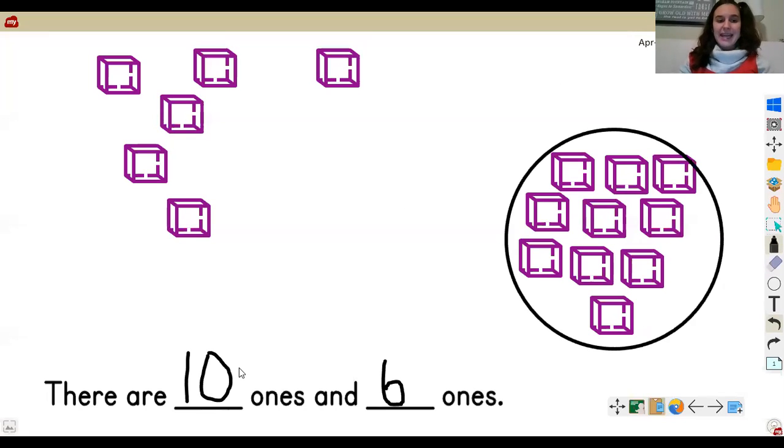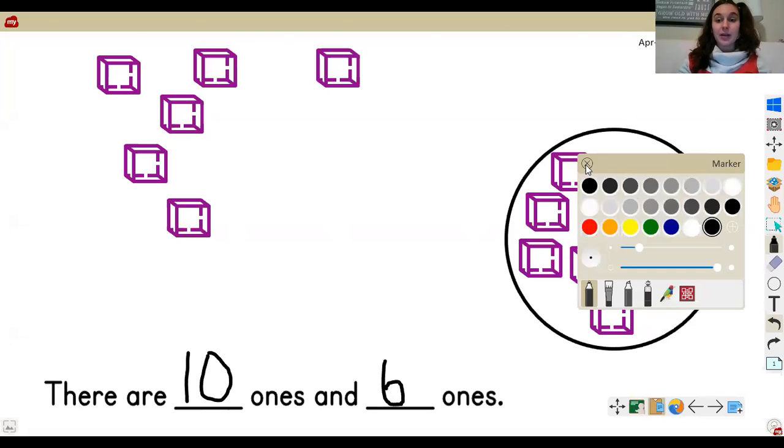So scholars, now that I see that there are 10 ones and there are 6 ones, I can quickly count. I know that here I have 10, and I can count on by 1 from 10 to see how many magnets I have total. So let's go. 10. I'm going to cross it out to help me.